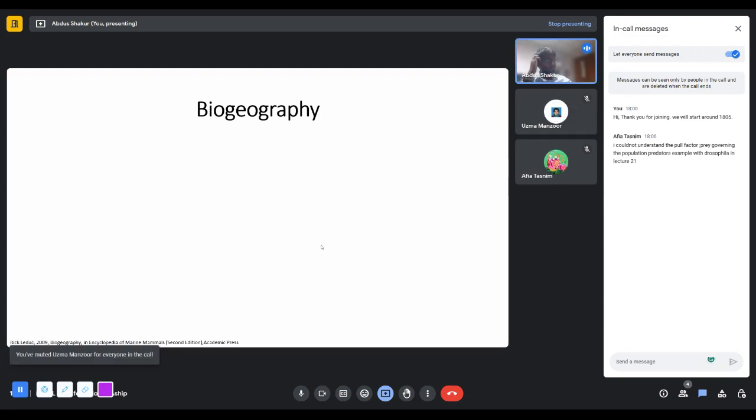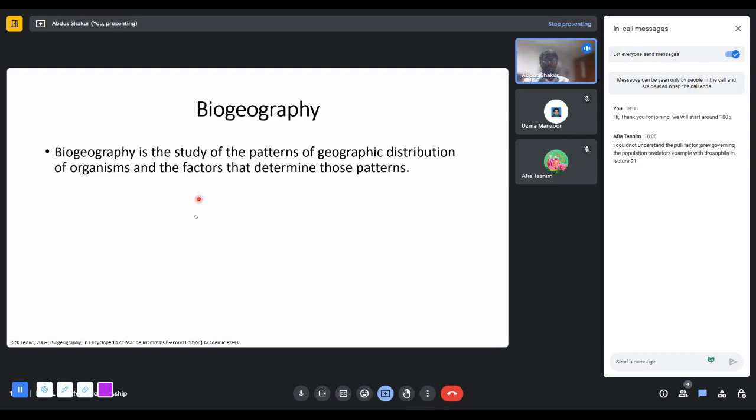So the previous unit was mostly about biogeography. So, what is biogeography? It is the area that mostly talks about how species are distributed. Especially, you study the patterns of geographical distribution of species and the factors that determine those patterns.